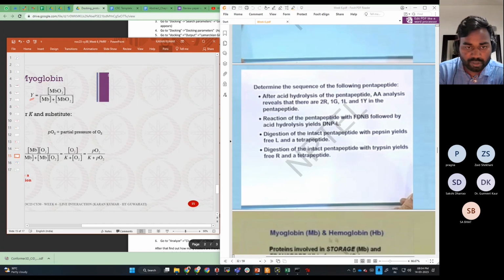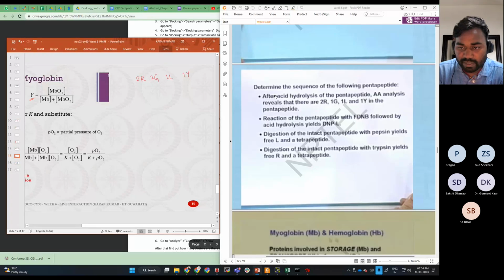And those amino acids she has given in the question: it has 2 arginine, then one glycine, then one lysine, and one tryptophan, right? Or not lysine, this is leucine.